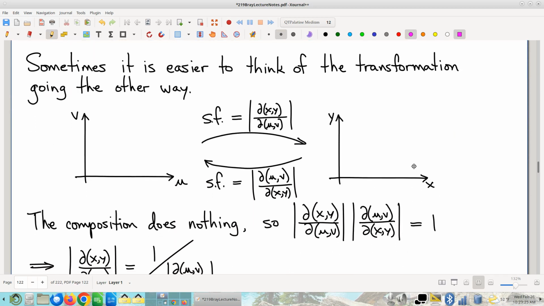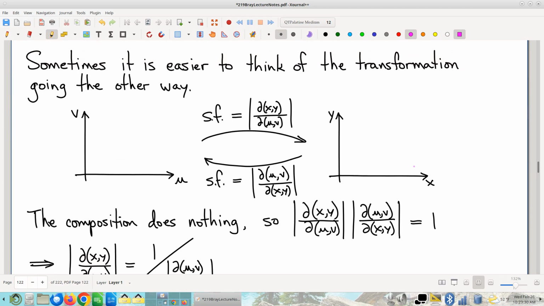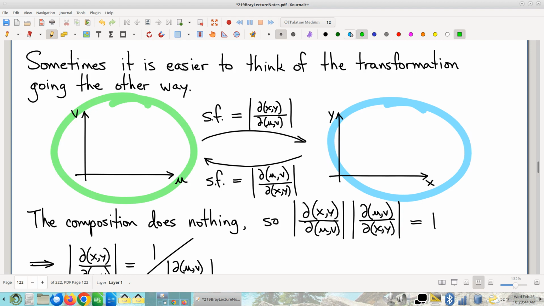Okay. So let's actually play with that idea of the inverse transformation, and I'm going to make a couple of observations. Nothing particularly deep at first, but we know that when x and y are your outputs and u and v are your inputs, I've already claimed that you take the partials of the outputs with respect to the inputs and compute according to that formula, and that gives you your stretching factor.